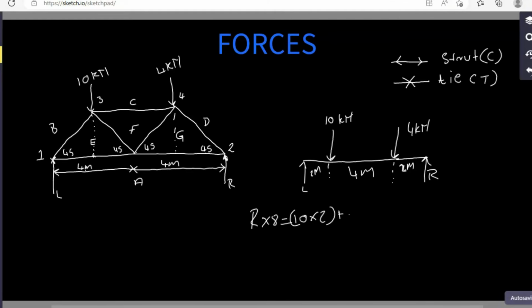That is why they are on the same side of the equal sign. 4 kilonewtons times the distance from the 4 kilonewtons force to L is 6. Then we do our calculations, divide both sides by 8, and I got that our R is 5.5 kilonewtons.